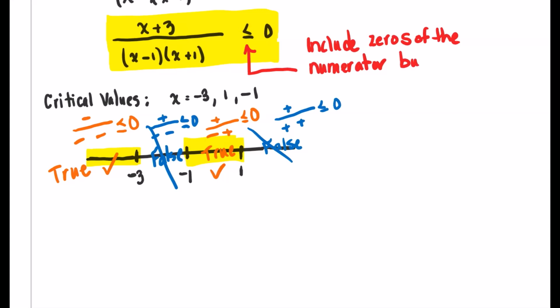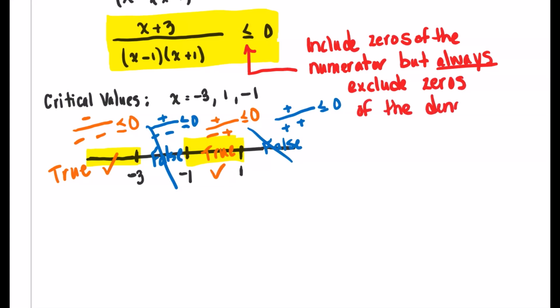But you always exclude zeros of the denominator. And that's because if you included the zeros of the denominator, your function would be undefined every time in your inequality. And so those would all be failures then.